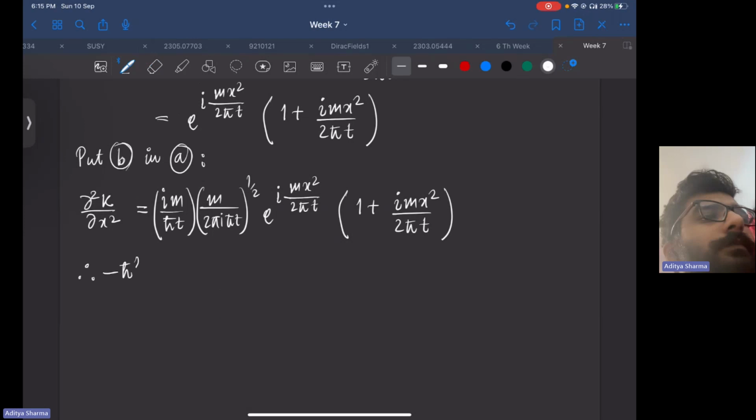Therefore, minus ħ squared by 2m is equal to minus ħ squared minus, when we go to, minus ħ squared, and ħ squared gets cancelled, so minus iħ, m and m gets cancelled, t I'm writing here.